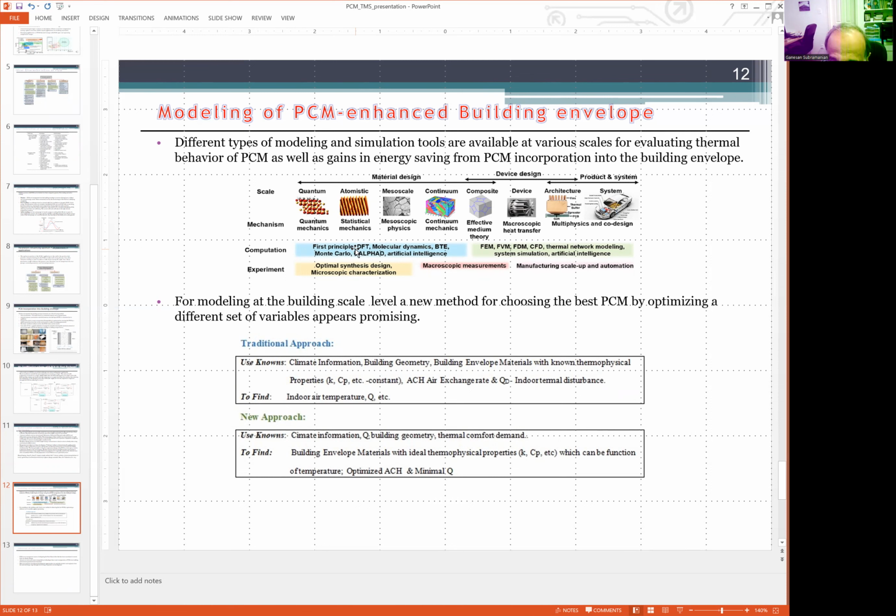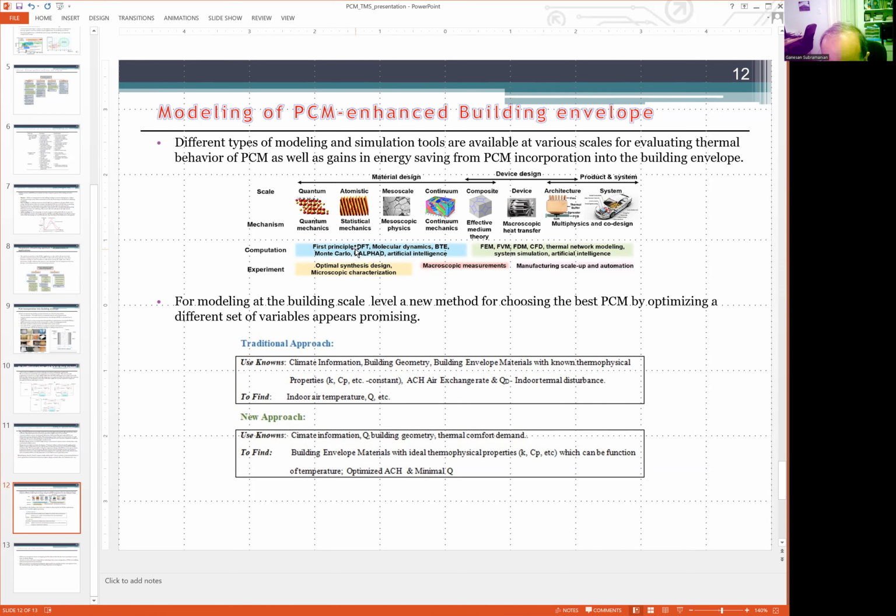And in the material design, the various tools are DFT, that is, density functional theory. And you can use molecular dynamics, Monte Carlo methods, then the various AI tools to design the right type of materials from scratch.